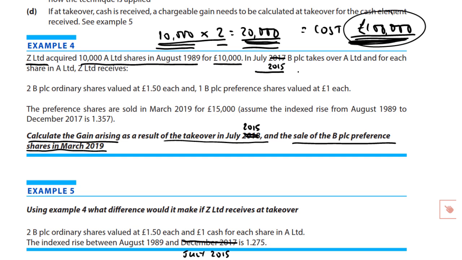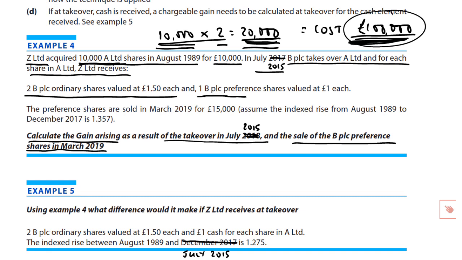In July 2015, B plc takes over A Limited, and for each share in A Limited, Z Limited receives, now remember, we own 10,000 A Limited shares, we get for each such share 2 B plc ordinary shares, valued at £1.50 each. And also for each of the 10,000 A Limited shares that we own, we get 1 B plc preference share, and that is valued at £1 each.